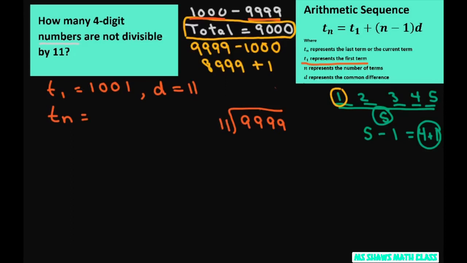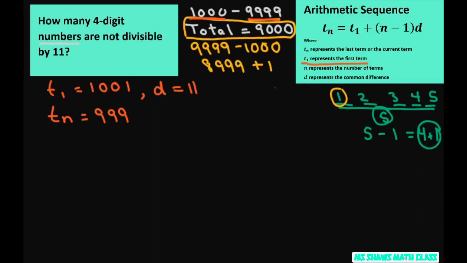You could just use a calculator, and basically it's even. It's just going to be 909. So this one's kind of easy, the last term. This one's a lot easier. All right, so that one we don't need to worry about too much.